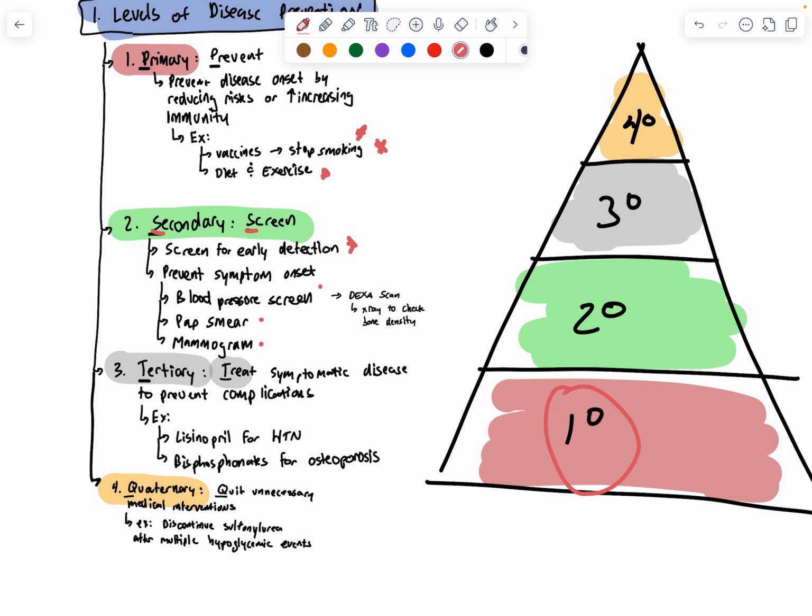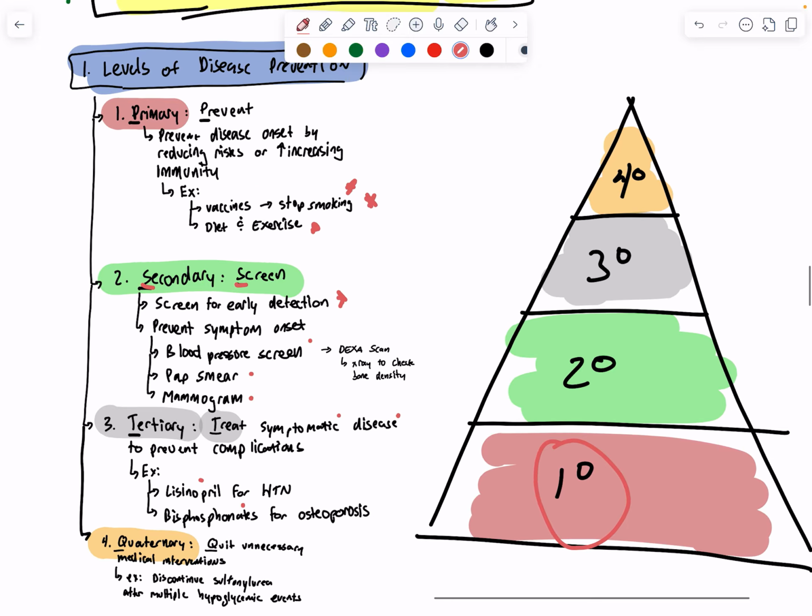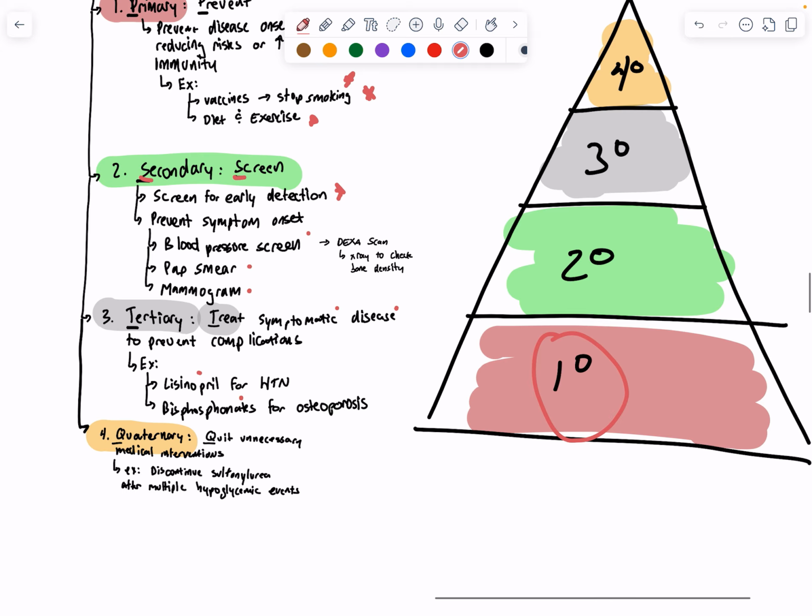Tertiary prevention is treating a disease that is present to prevent complications. So, for instance, giving lisinopril for hypertension to prevent later on cardiovascular events. Give bisphosphonates for osteoporosis. And then finally, we have quaternary disease prevention, which Q would be for quit.